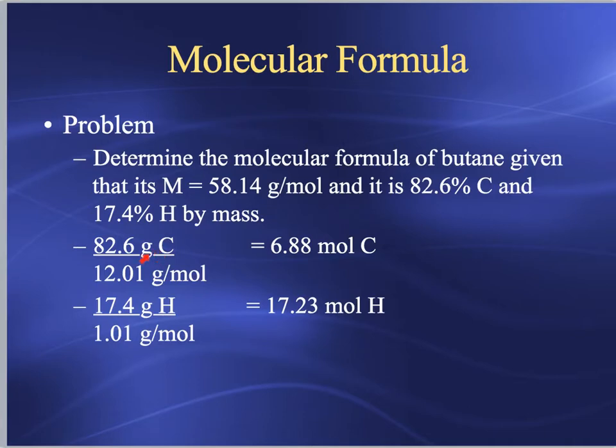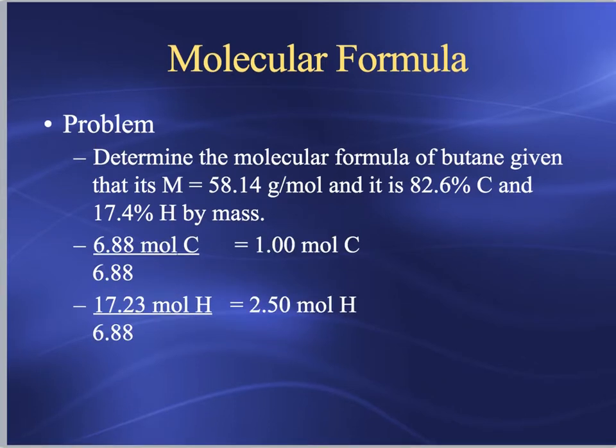We're going to turn the percentages into grams, divide by the molar mass, so 82.6 grams of carbon divided by 12.01 gives us 6.88 moles of carbon, and 17.4 grams of hydrogen divided by 1.01 grams per mole gives us 17.23 moles of hydrogen. Divide each by the smallest number there, so that would give us 1 mole of carbon.